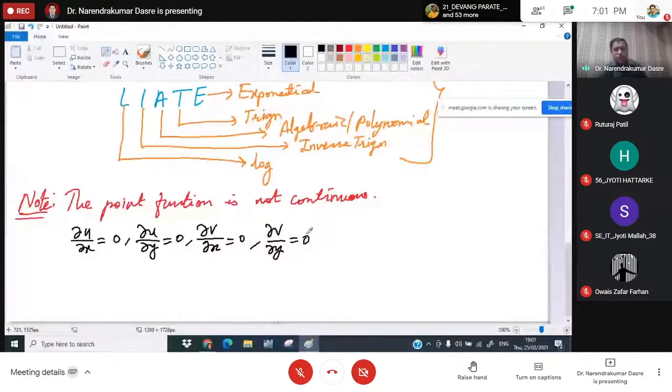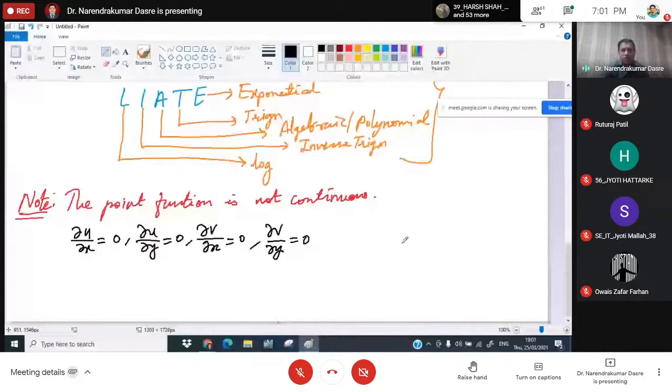And that's why, if this situation occurs, that ∂w/∂x is equal to 0 and ∂w/∂y is equal to 0, they satisfy the CR equations but do not satisfy the second condition, or we cannot claim that they are continuous or not.